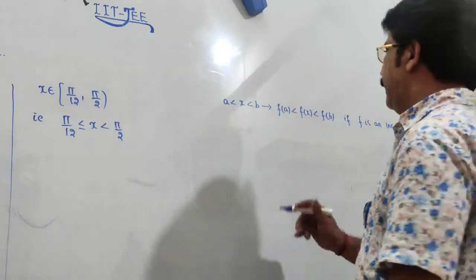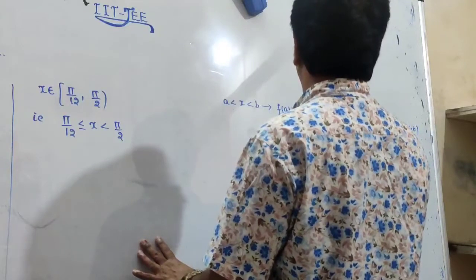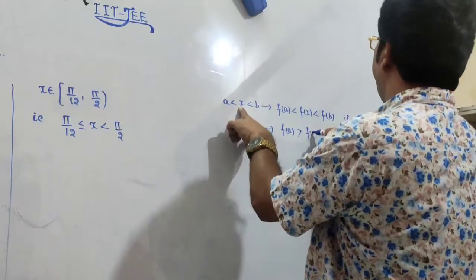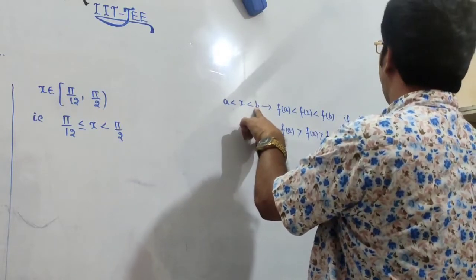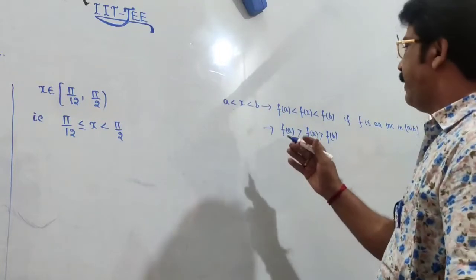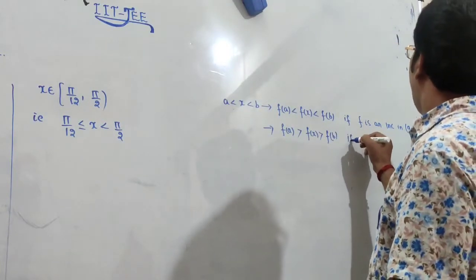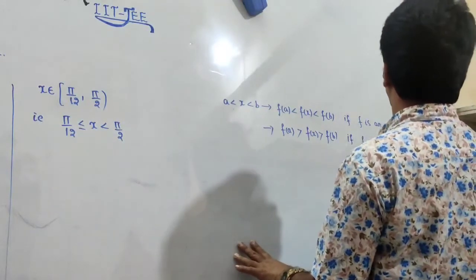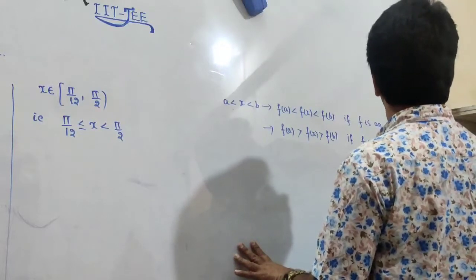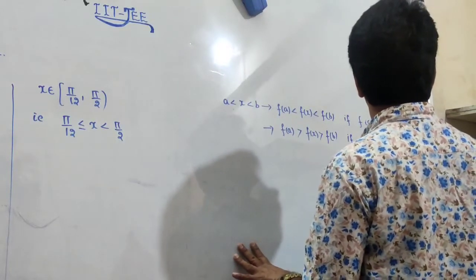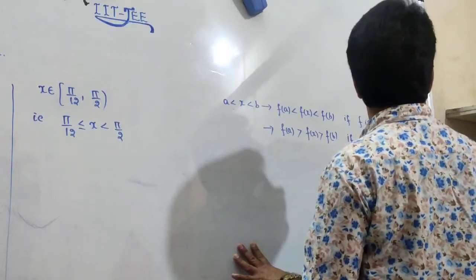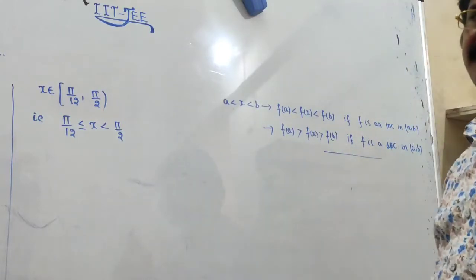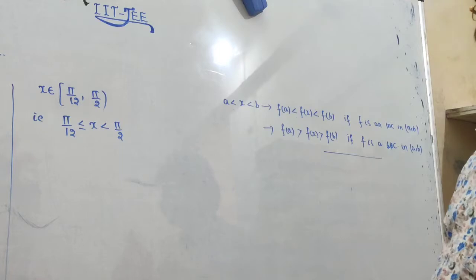Next, if f is a decreasing function in the open interval a comma b, it implies f of a, with the opposite sign, is greater than f of x is greater than f of b. This is an important formula in calculus or trigonometry.